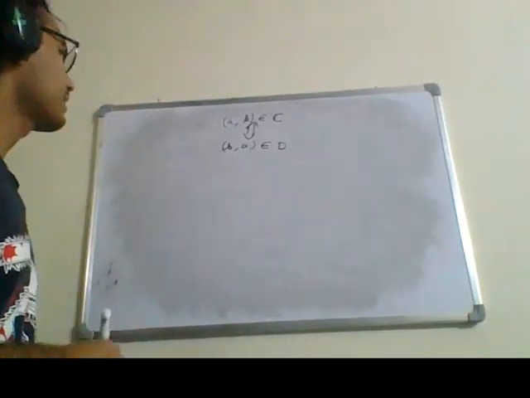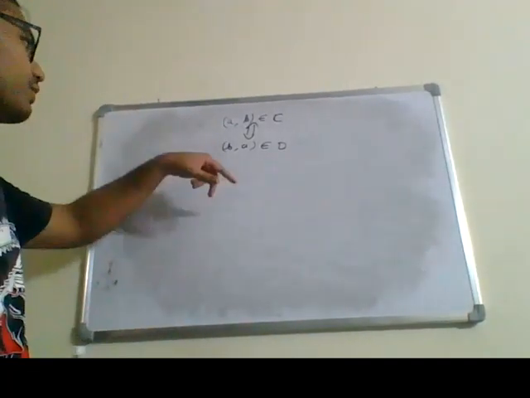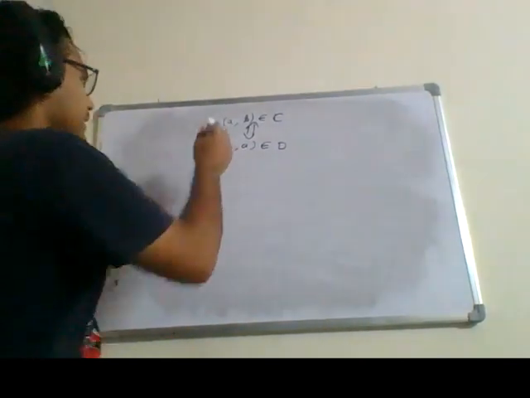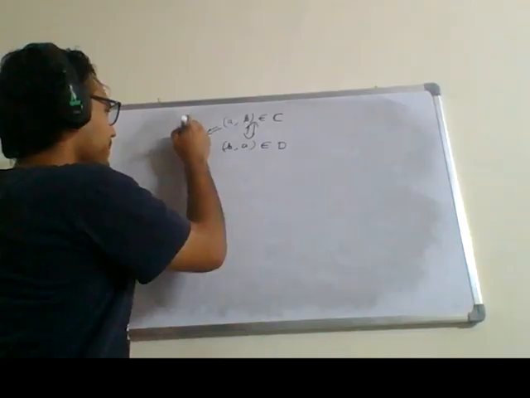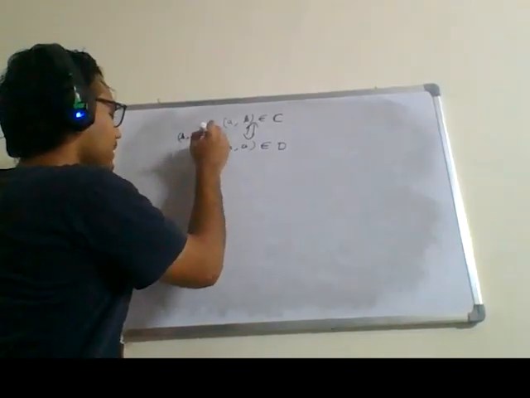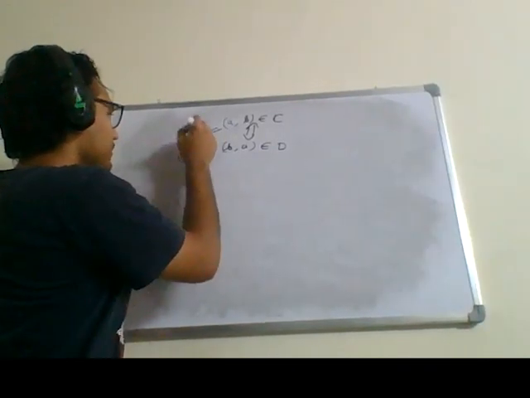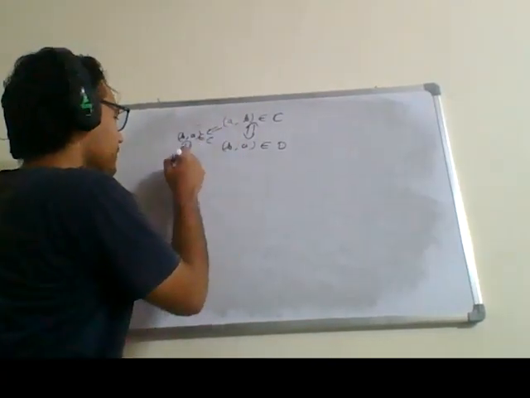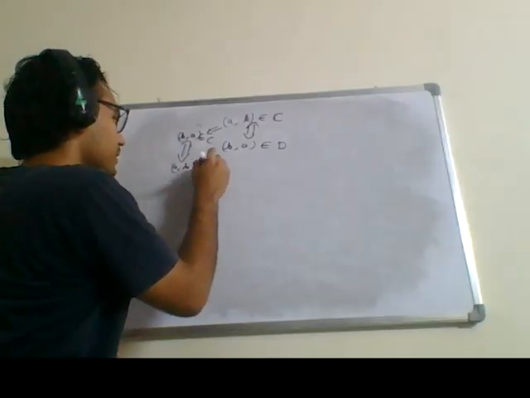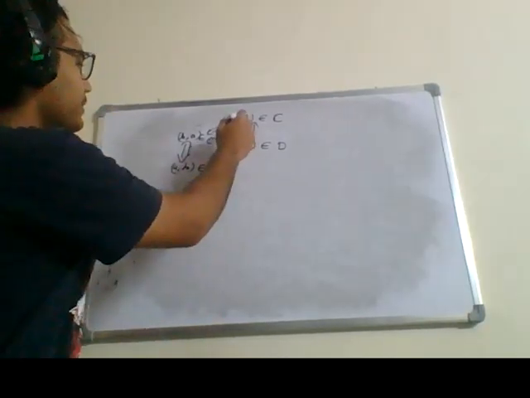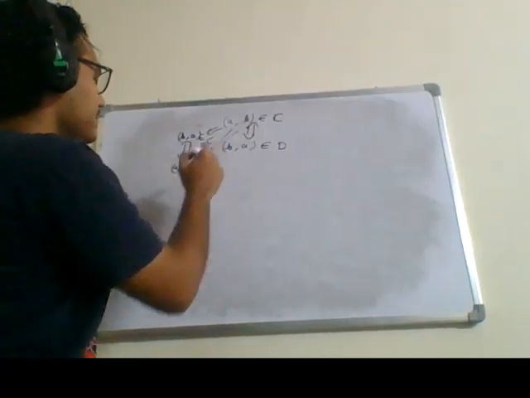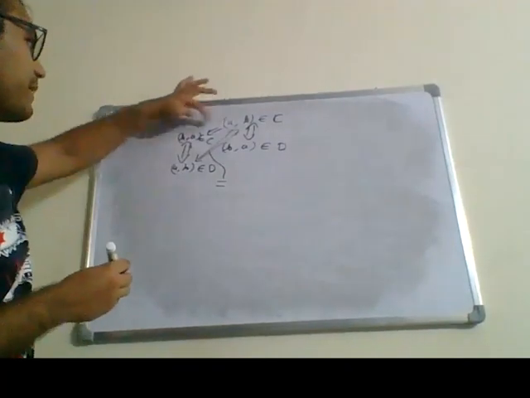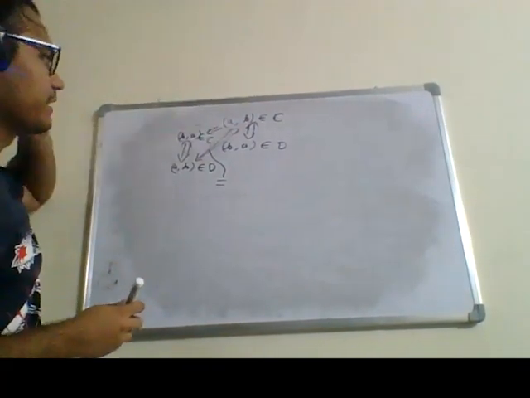Given this, if C is symmetric, it's pretty obvious that D is equal to C, because if it's symmetric, then by symmetry it implies this, which is if and only if it belongs to C, and if and only if (a, b) belongs to D. This is implied by symmetry, and this is implied by equivalence.